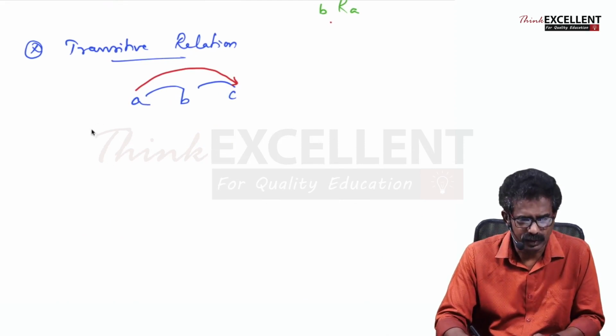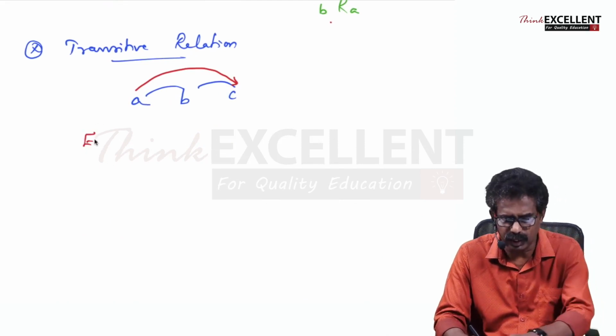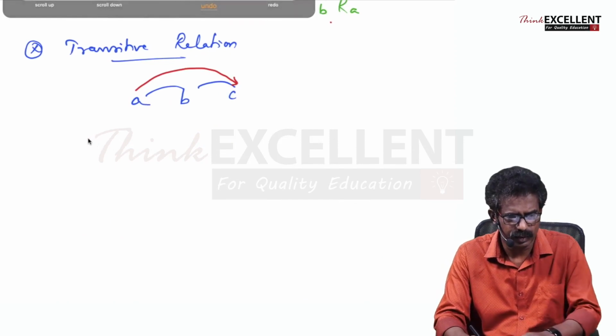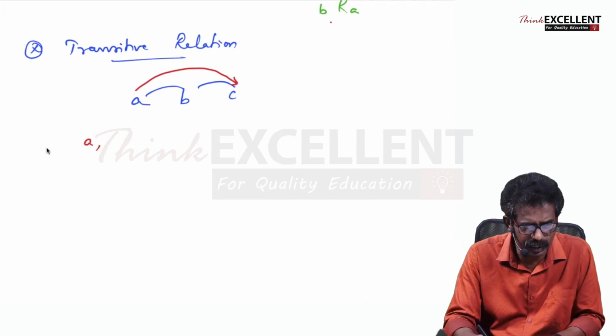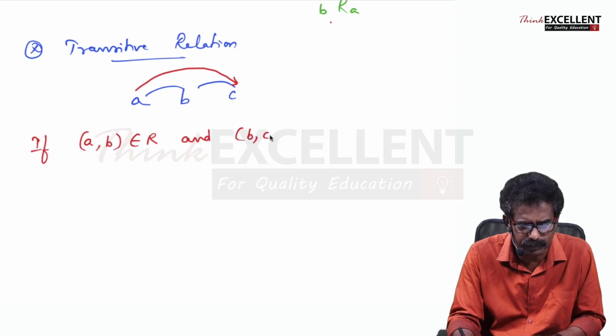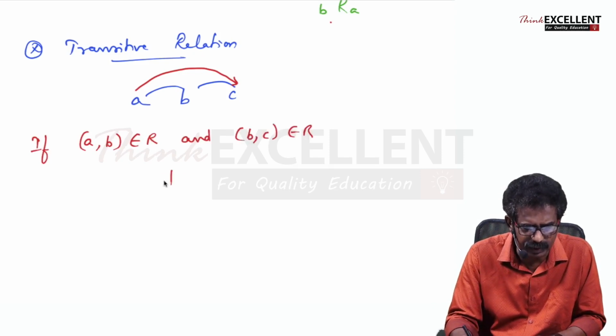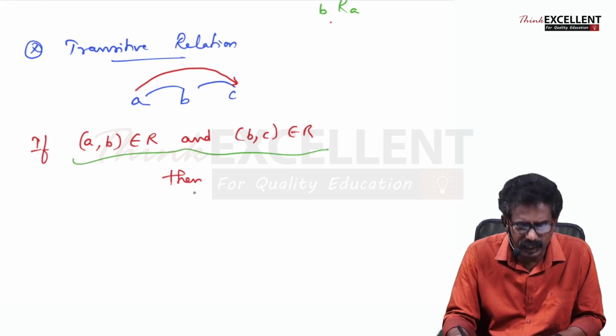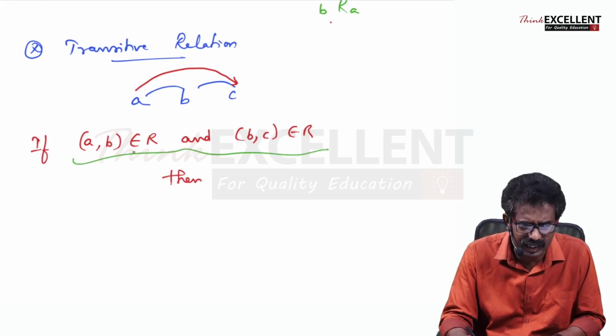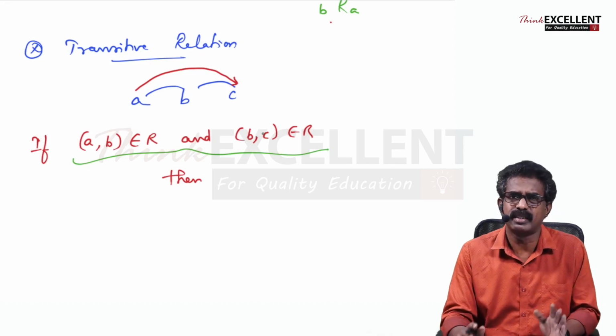Okay, now please listen here. I'll give some examples. So how to write the result? Here also a condition only. If A is related to B, that is (A, B) belongs to R, and B is related to C, then if this part is true, only then you have to check this. If that does not exist, then no need to check anything.